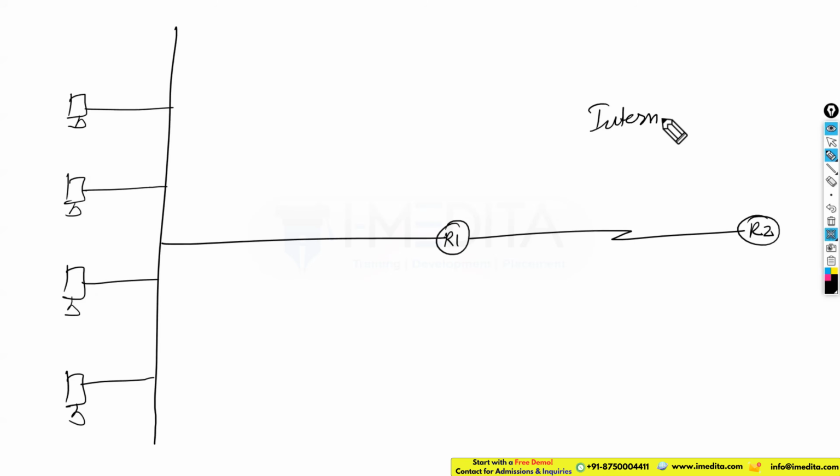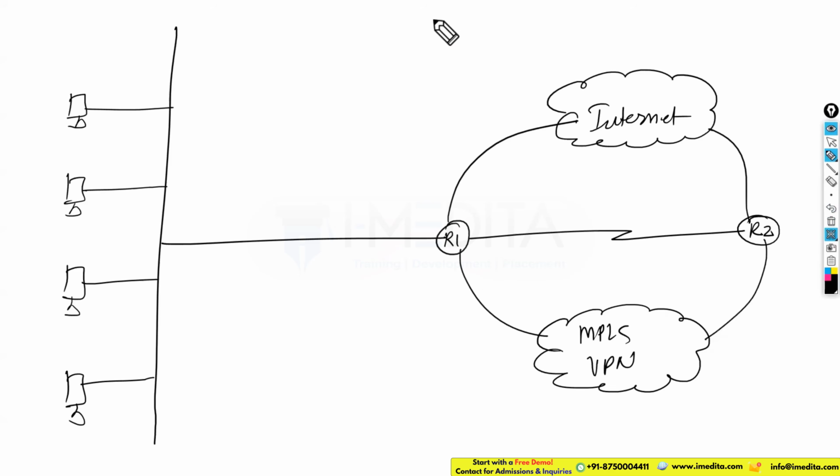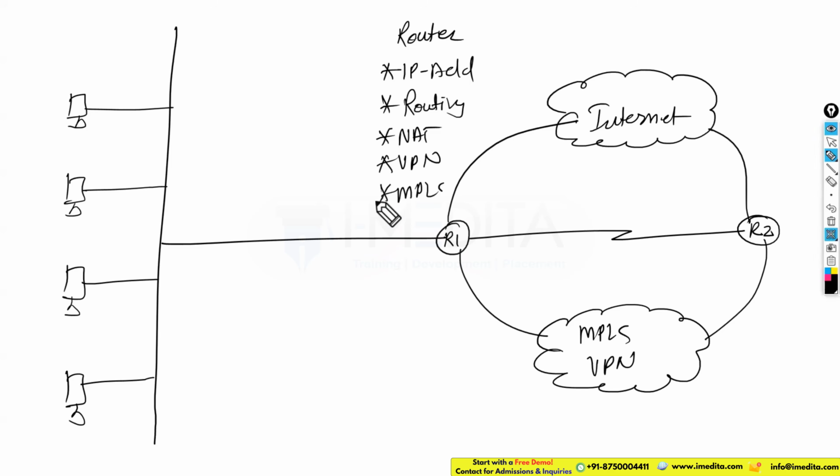They can be connected with each other via the internet, or via MPLS VPN. Now on the router, we will configure IP addressing, routing, NAT, VPN, MPLS. This stuff we will configure here.